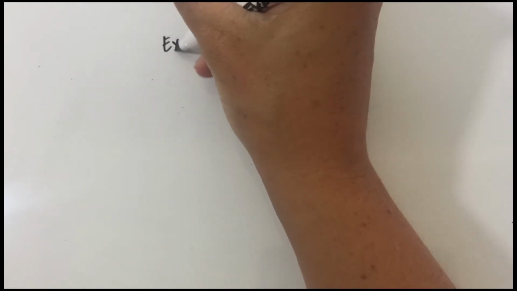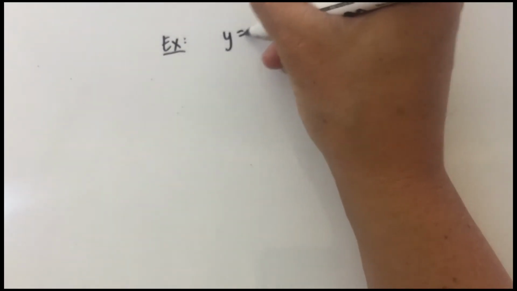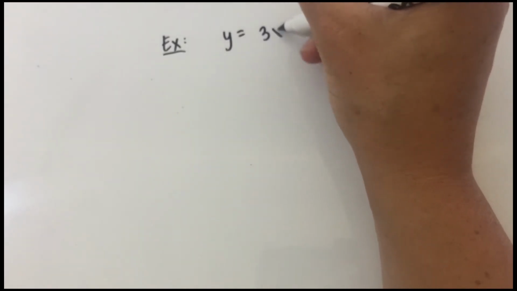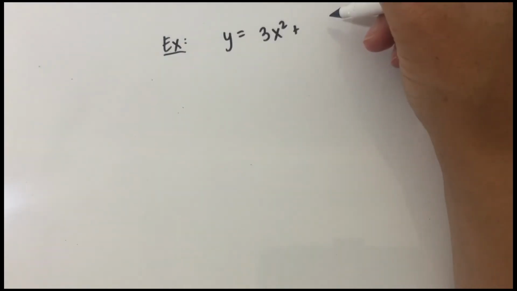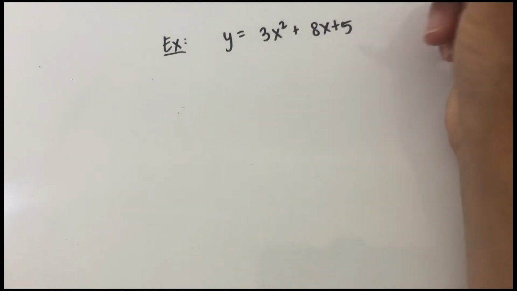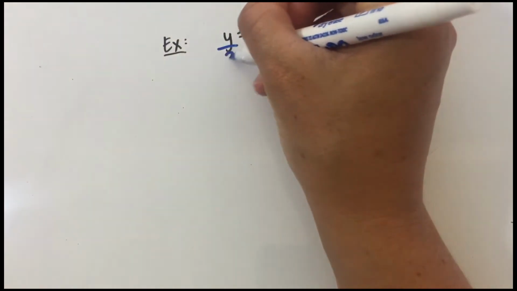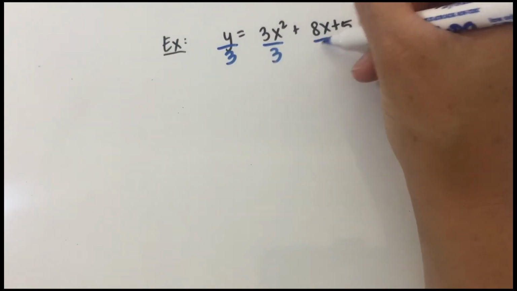Now for this next example, I'm going to show what to do when your a value is not 1. So here I have y equals 3x squared plus 8x plus 5, and they want us to complete the square. So my first step is to divide 3 from each term.